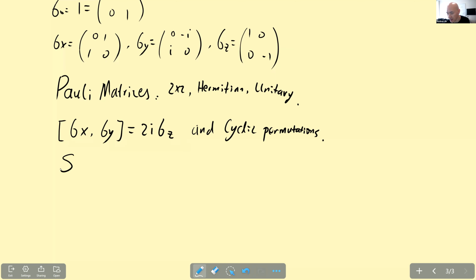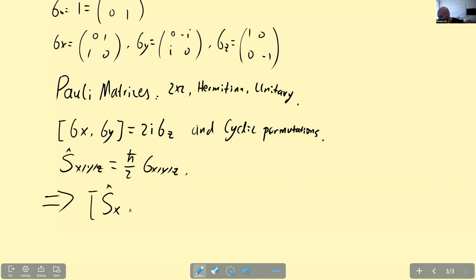So we can also define the operators Sx, Sy, and Sz equal to h bar over 2 times sigma x, y, and z. And then from this one, immediately we obtain the commutator between Sx and Sy, that will equal i h bar Sz.